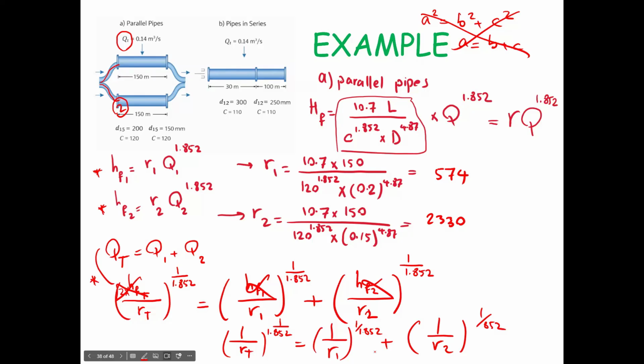I don't have space, so I should go to the next slide. So replace R1, R2.